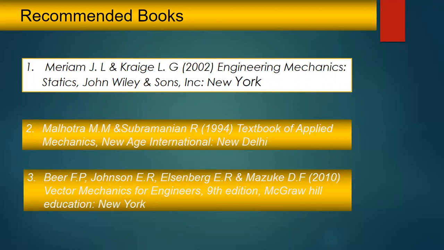And I'll be giving you some exercises to test your understanding as we proceed. So we have Meriam and Kraige, it's also very helpful in statics. Then apart from that, there's also Beer and Johnston. Then apart from that, there's also, I've forgotten this book. Anyway, I'll send it, which is also a very good book and it's easier to understand.